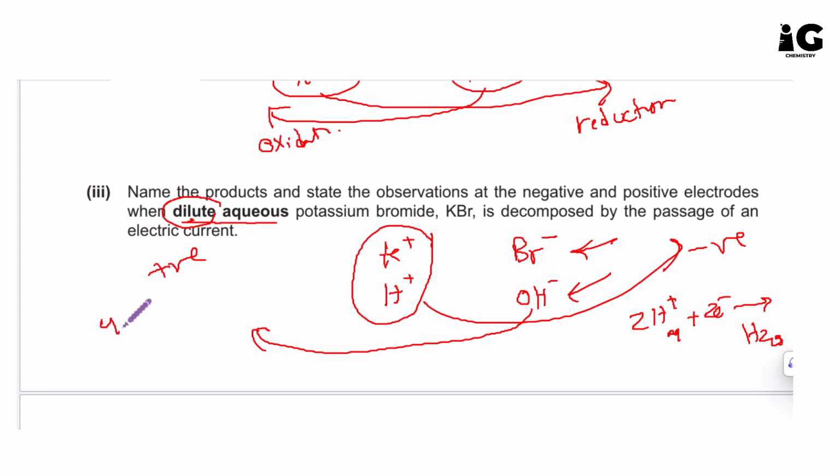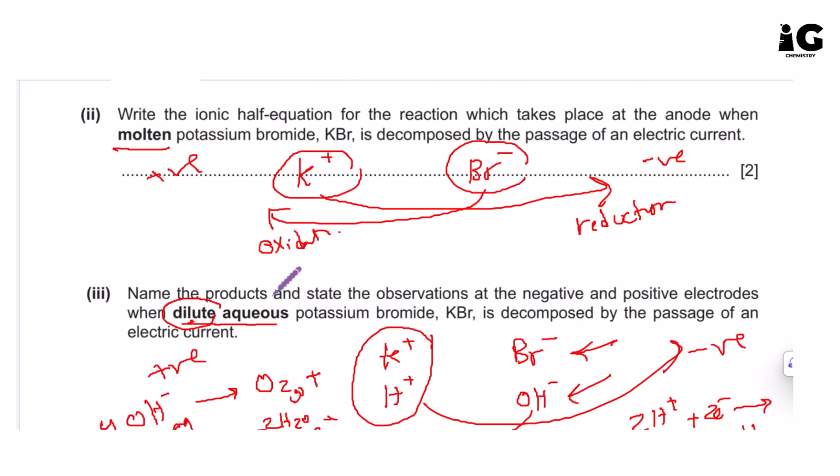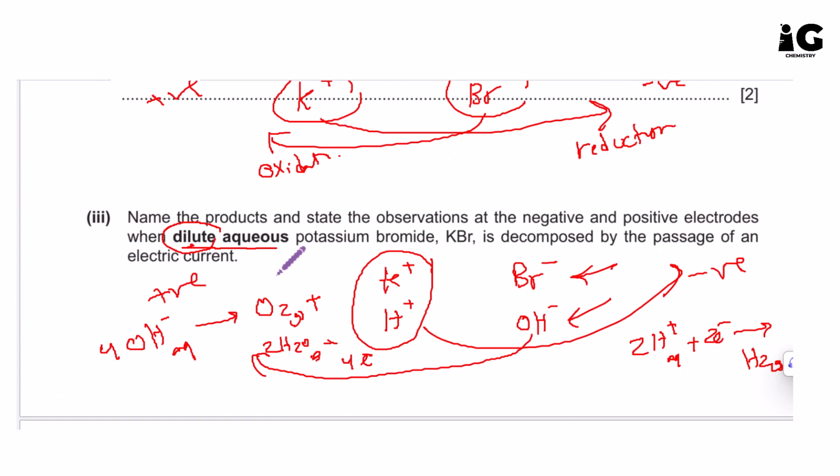By the way, this half equation is really important for your exam: 4OH-(aq) produces O2 gas plus 2 molecules of water plus 4 electrons. Okay, guys? So again, you have to take care about the bold words mentioned in every question.